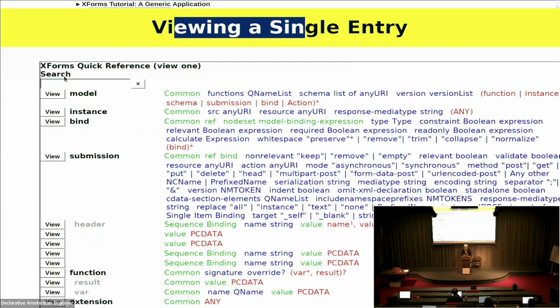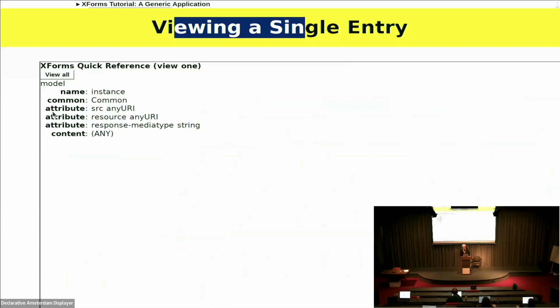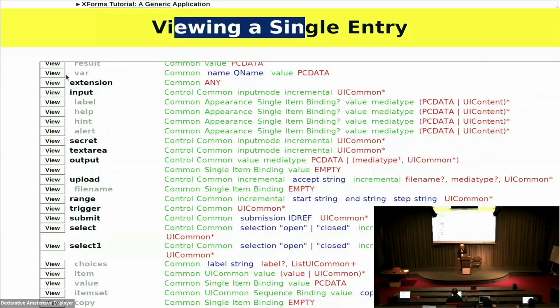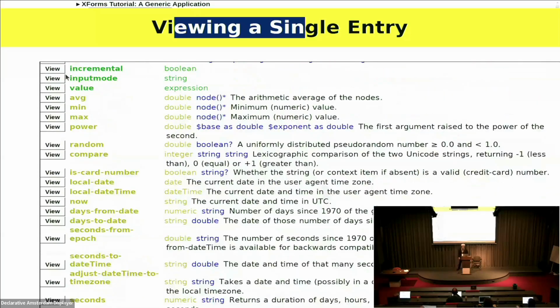But if I go back to view all, and I click on instance, then it's got some common attributes. It's got a source or a resource attribute, and a response media type, and then it can have any content. So that's how to view one element and go back to viewing all.